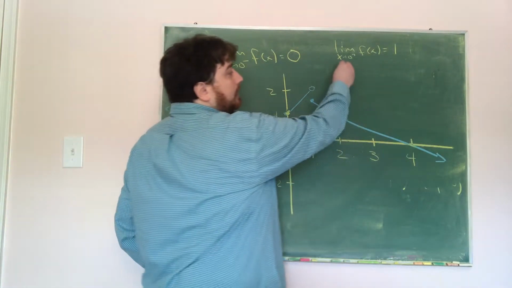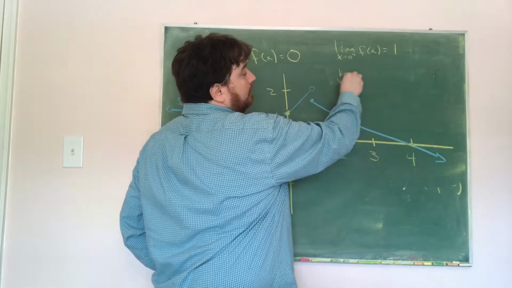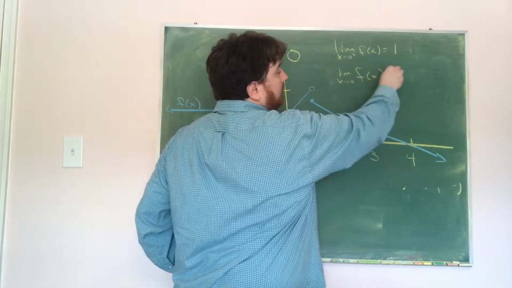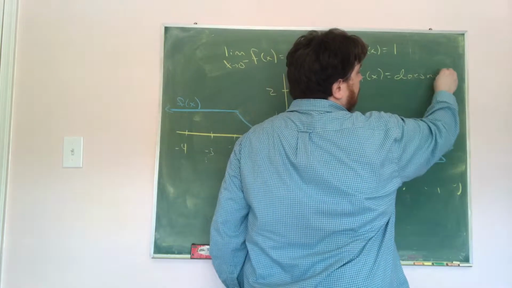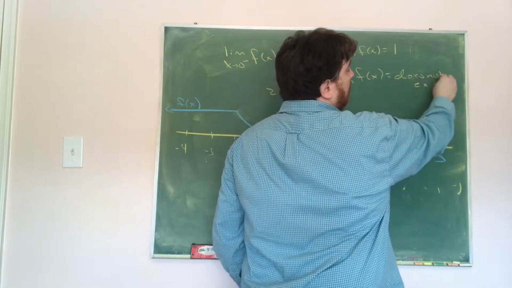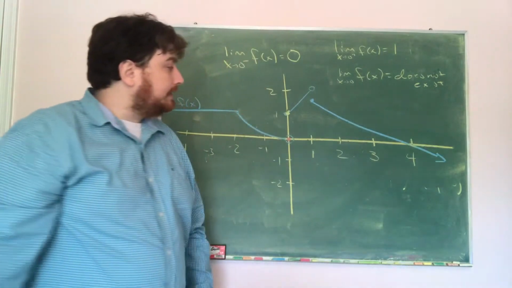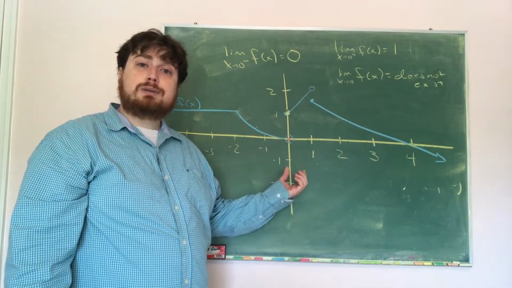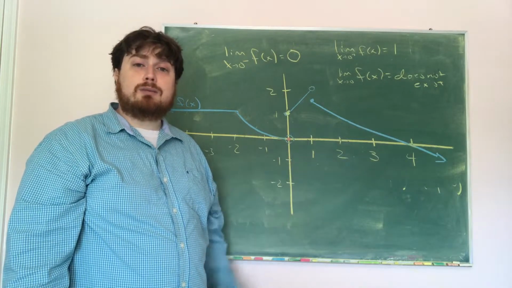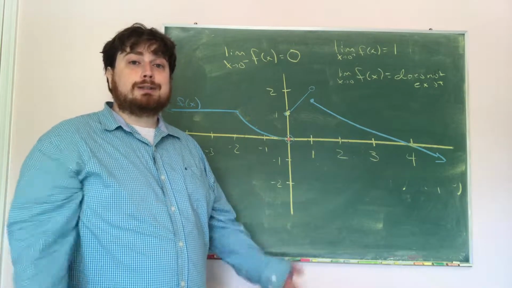So I would say that my limit as x goes to 0 of f of x does not exist, because I don't approach a single number. If I pick x values close to 0, I don't always get the same y value, so my limit does not exist.